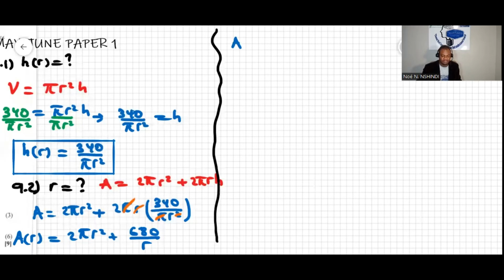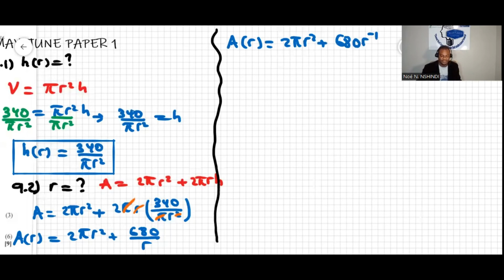Let's first rewrite the function A of r. This will be 2 pi r squared plus 680 times r to the -1, okay?